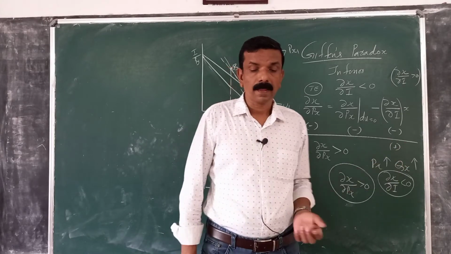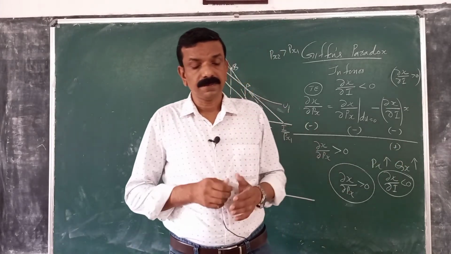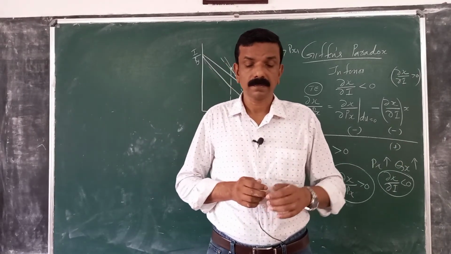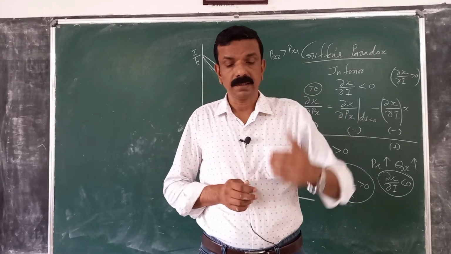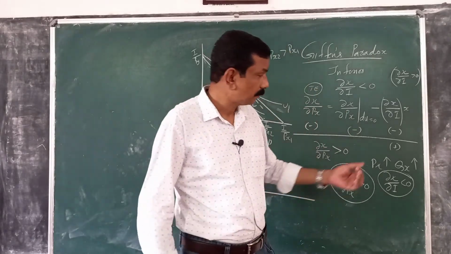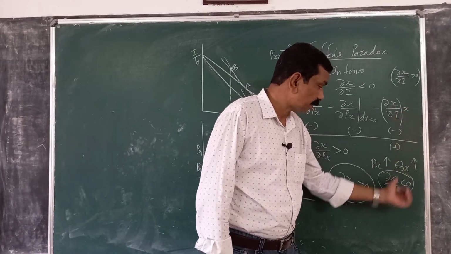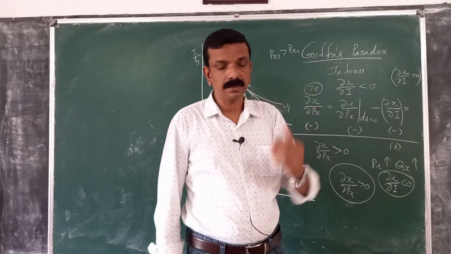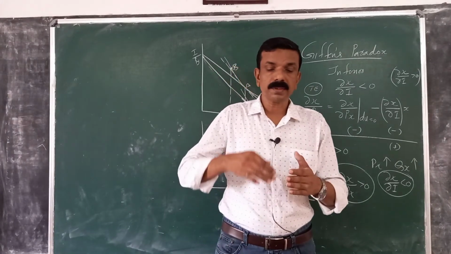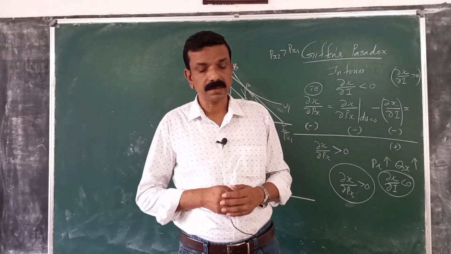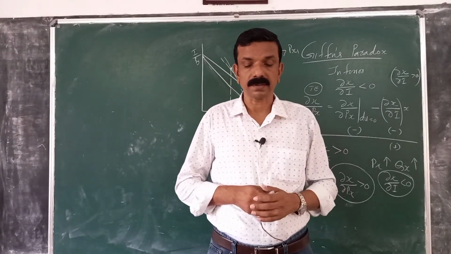In the case of the income effect, x is inferior, which results in a positive income effect. Potato is an inferior good, so the positive income effect offsets the negative substitution effect.